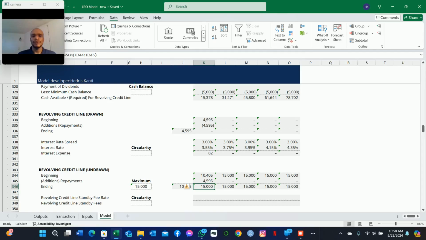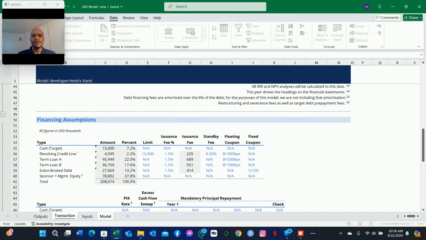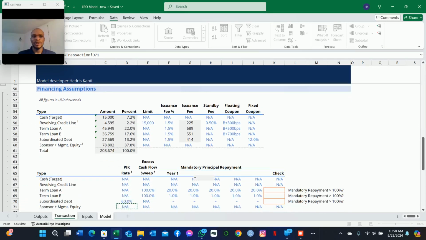So we are saying that there is always going to be a standby fee when you take upon a debt like this for the line of credit. So we have it set up there by the time you sign up for the agreement.